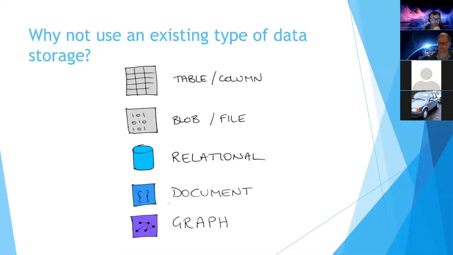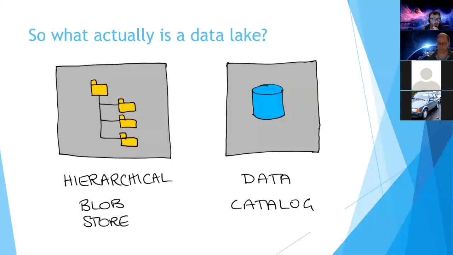So under the bonnet, what actually is a data lake? We've got this far without saying what a data lake actually is, because with a lot of tech, it's not easy to visualize something that's in the cloud that is just a load of servers somewhere with stuff on them. But really, a data lake at its basis is a hierarchical blob store and a data catalog.